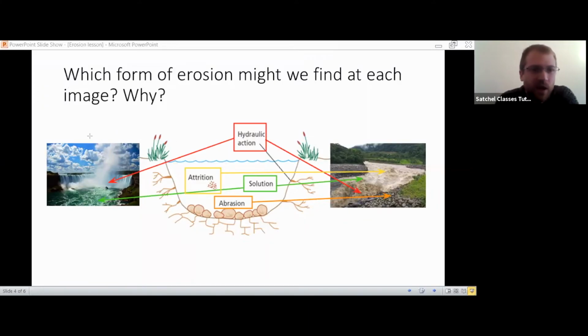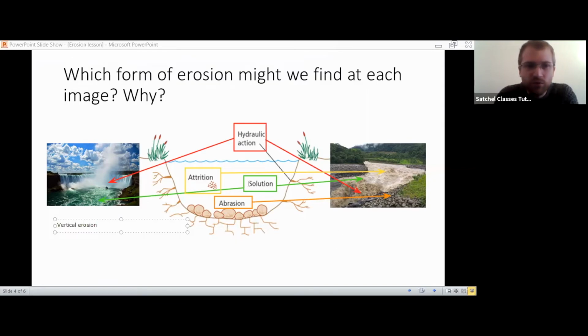If we are looking at where this might be happening in terms of a river, vertical or lateral erosion, for us, we'll probably have to argue that here we can see water is falling downwards, so therefore we know that we're not at sea level, so vertical erosion must be taking place.